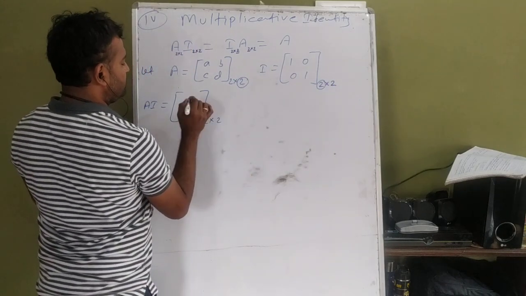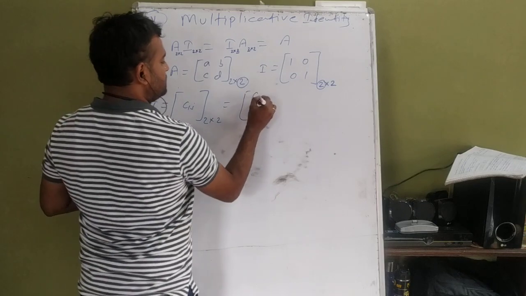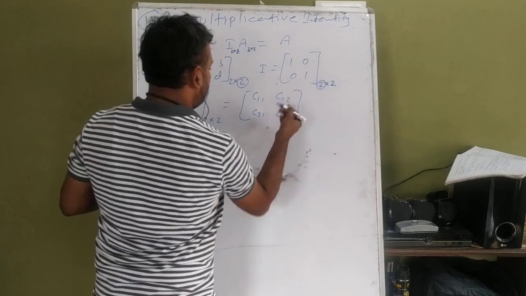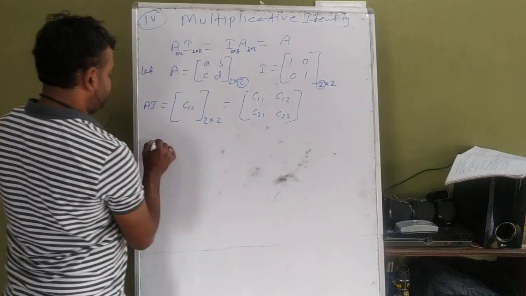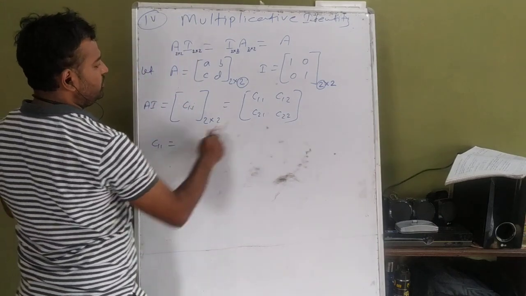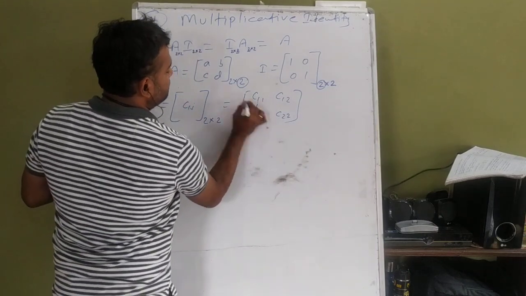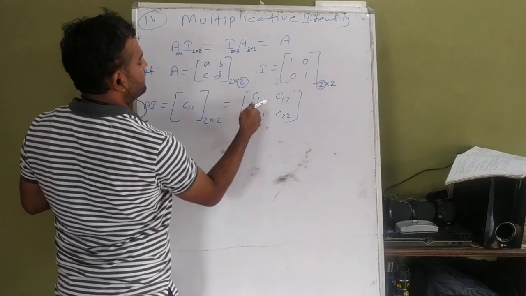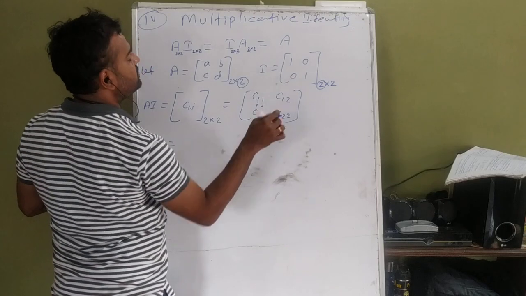C ij, 4 elements: C11, C12, C21, C22. Now directly you can find C11. For C ij, the first index i means the row of the first matrix and j means the column of the second matrix.